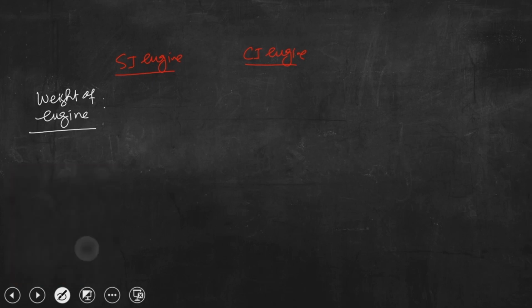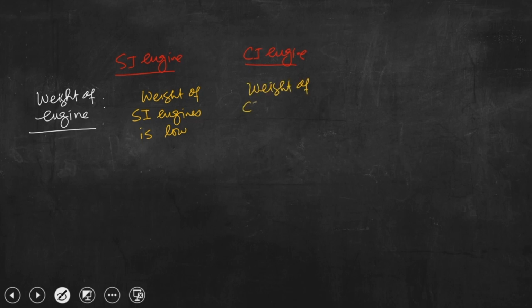Weight of SI engines is low, while weight of the CI engines is very high.